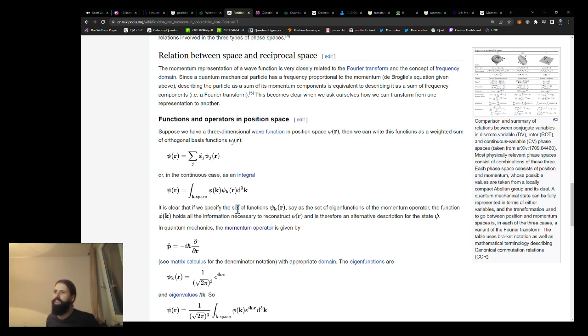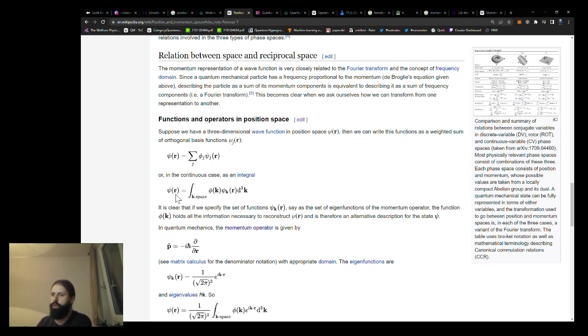If you have the eigenfunctions of the momentum operator, these are basically all the different momenta that you could have, right? As an eigenfunction, so to say. Then this function phi holds all the information necessary to reconstruct this guy. That's the idea. Is this what you want to find?